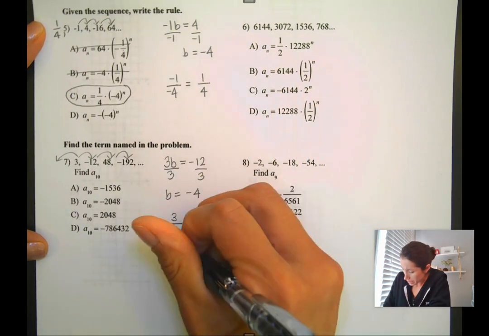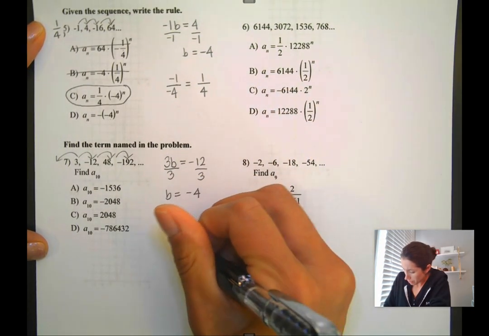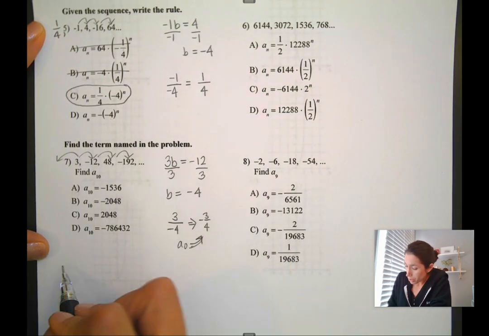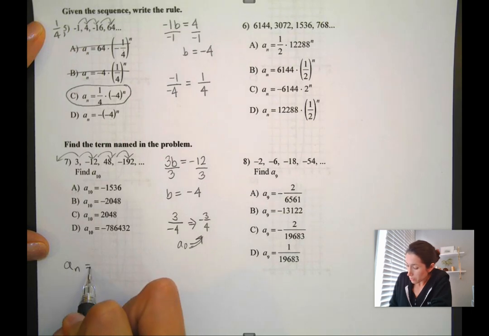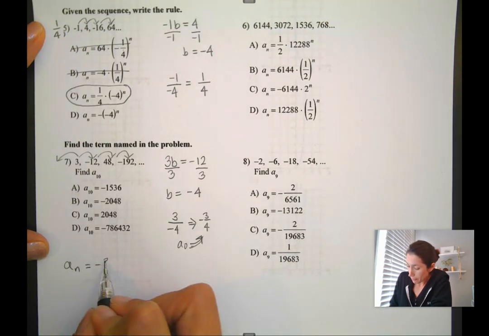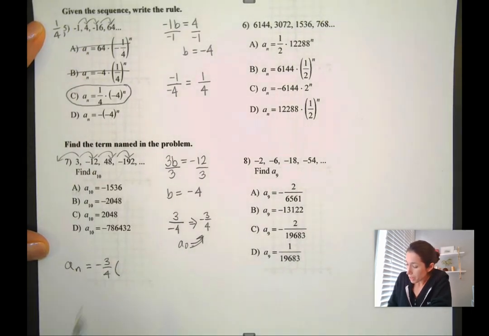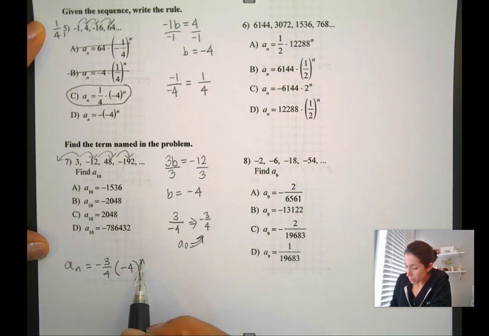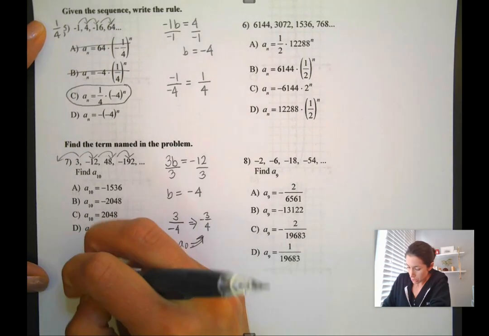So I'll call that a sub 0. I'll just do an arrow to that. Great. And so for writing out our equation would be a sub n equals our 0th term multiplied by our common ratio to the power of n. But the number that we're going to use for this is 10. This is our 10th term.